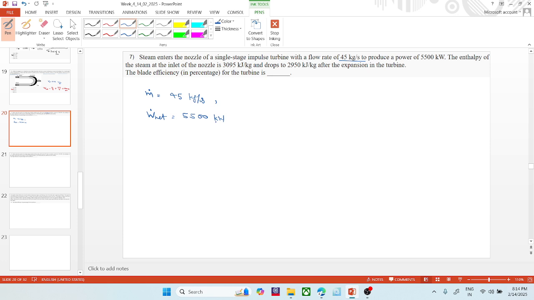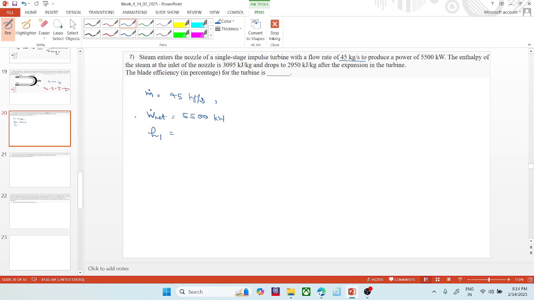and the enthalpy of steam at the inlet of the nozzle. At the inlet of the nozzle means H1. Here the inlet we are denoting by 1 and exit we will denote by 2.